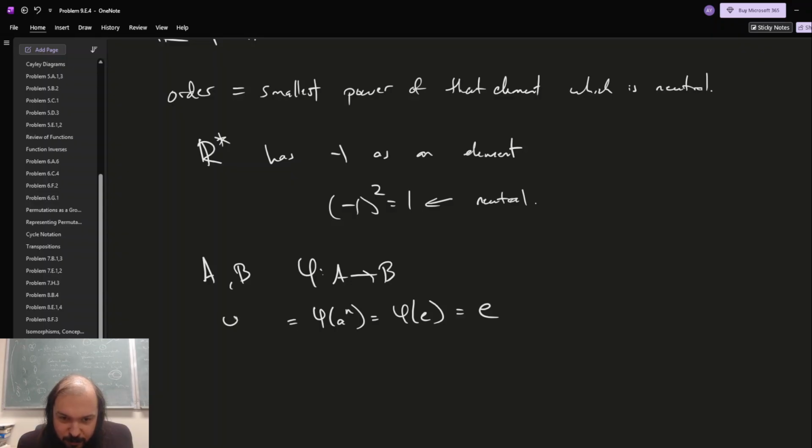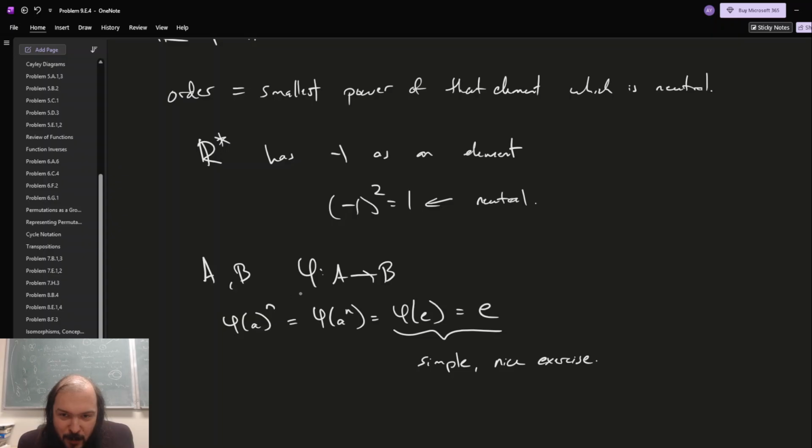Maybe I'll say it a different way. That will be the same thing as phi of A to the nth power. And so it will turn out that phi of A will have to be equal to E also. I don't think that we've proven this, but the proof of this is really simple. And so I'm going to leave this to you as an exercise. Basically just solving equations in groups.